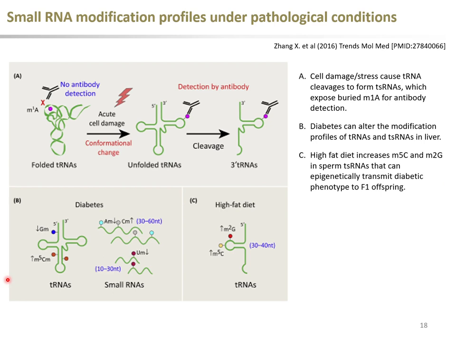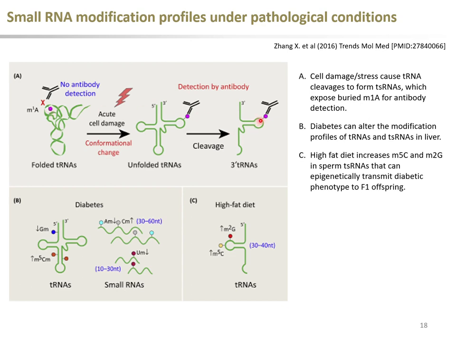One motivation of studying small RNA modification is biomarker applications. The small RNA modification dynamics and profiles can be indicators and biomarkers for human diseases. For example, cell damage and stress can cause tRNA cleavages to form tsRNAs, which then exposes buried m1A to antibody detection.